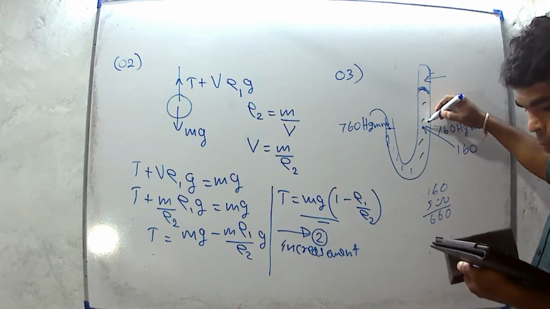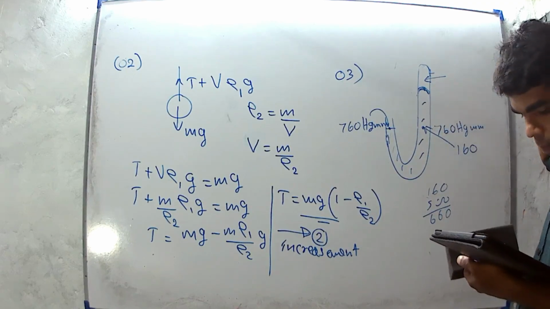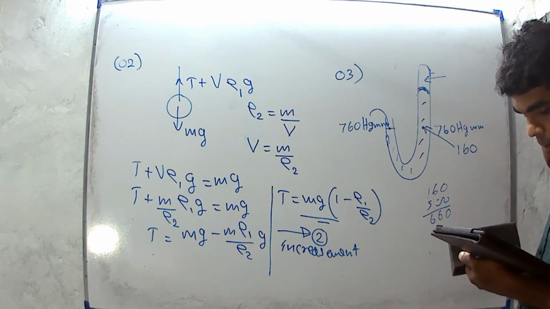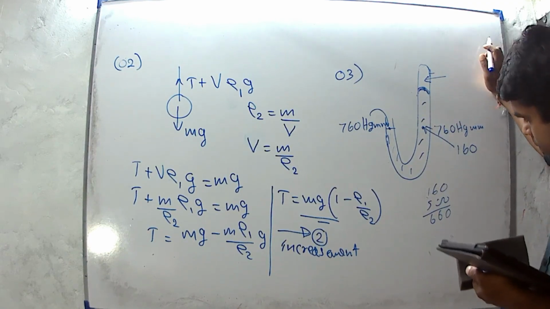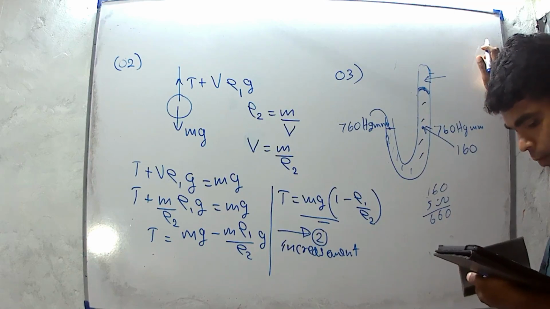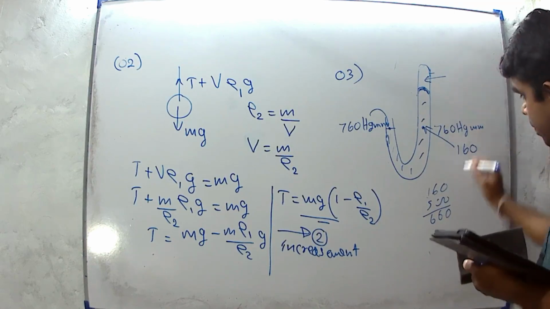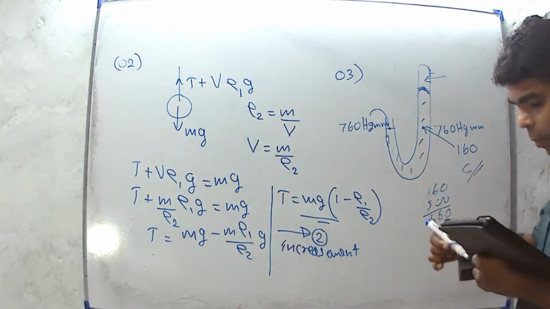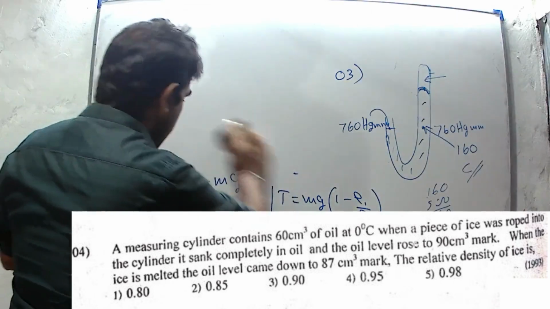Then we have to move 660 millimeters in upward direction. Therefore, it should be C. We have to get the point. Then question number 4.